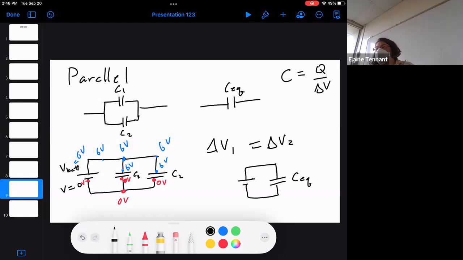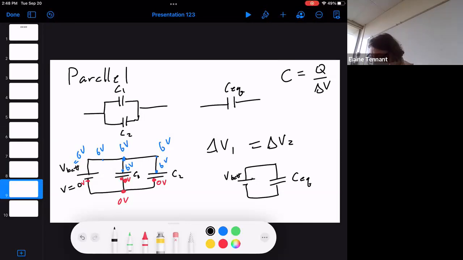Everyone good there? And what I'd like is some equation where C equivalent equals some combination of C1 and C2. Okay, and so let's see what we can say is the same.